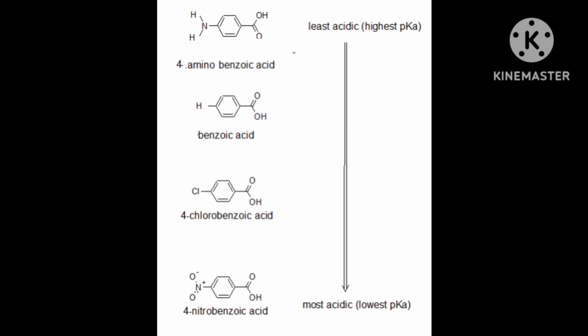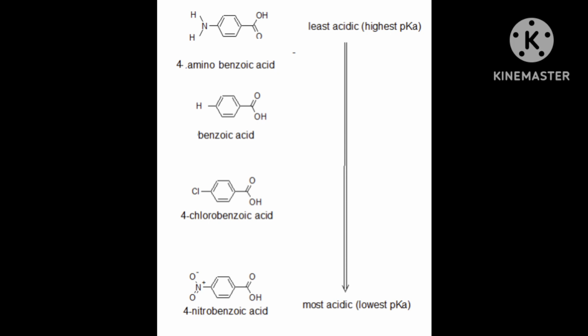Then from the carboxylic acid what will happen? That H will go as H plus. Then O will get negative charge. Then R positive will come from ROH, because that R-OH bond will break, R will be positive charge, OH will be negative.